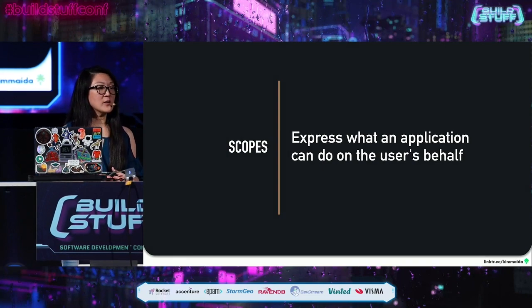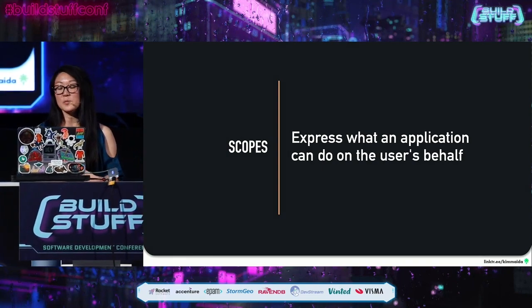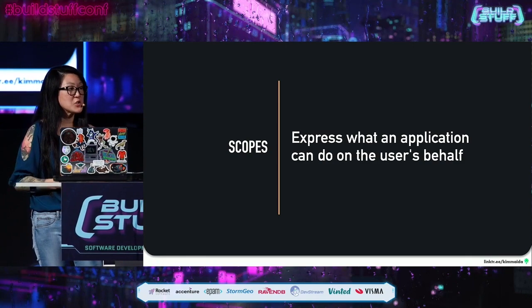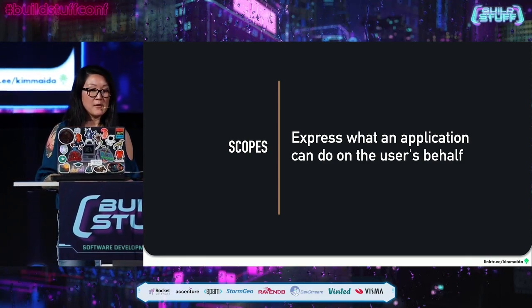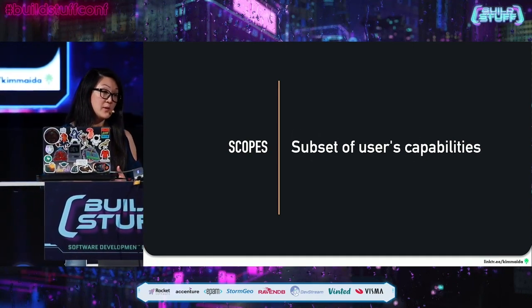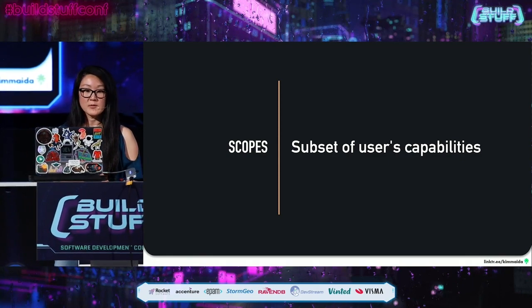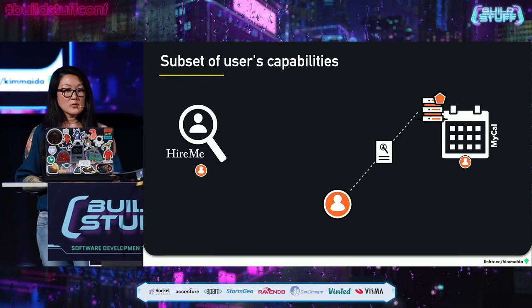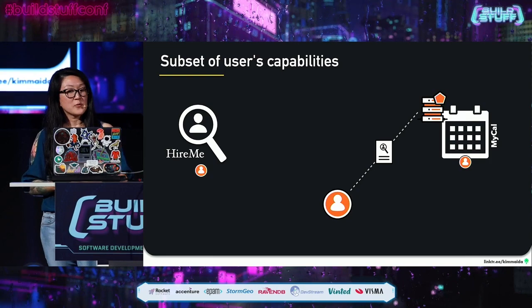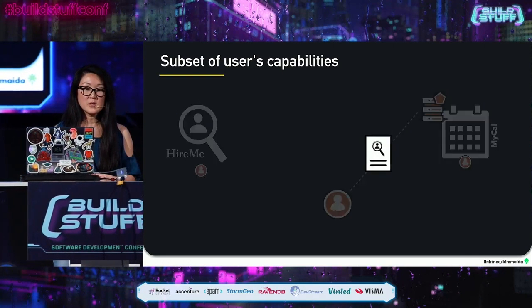So in the context of delegated authorization, scopes express what an application can do on the user's behalf. They are a subset of the user's total capabilities. So remember when we prompted the user for their consent in the browser for MyCal to allow HireMe to do certain things?